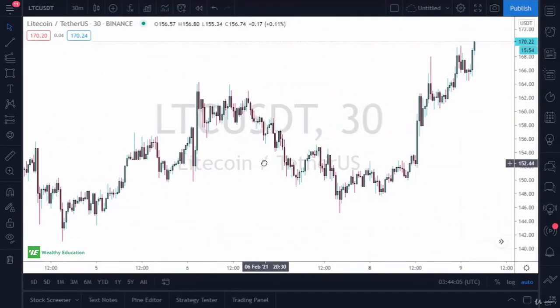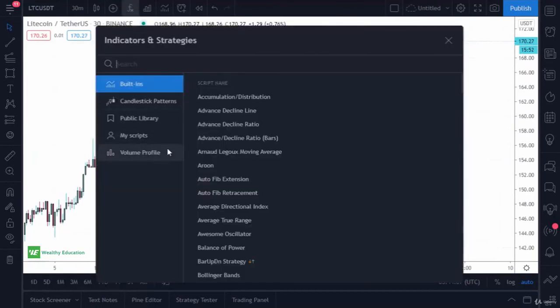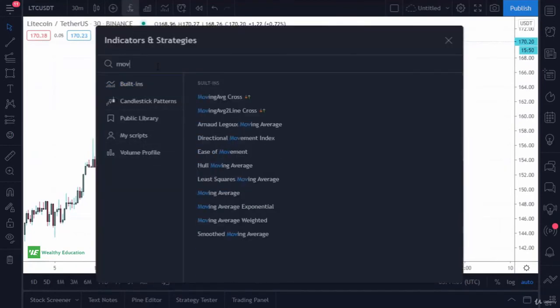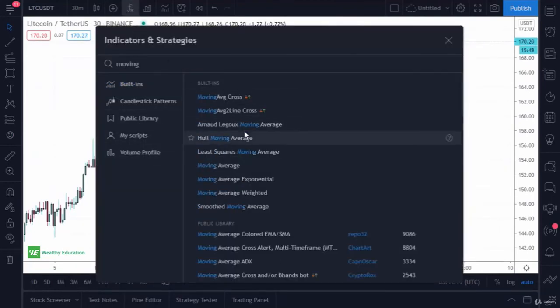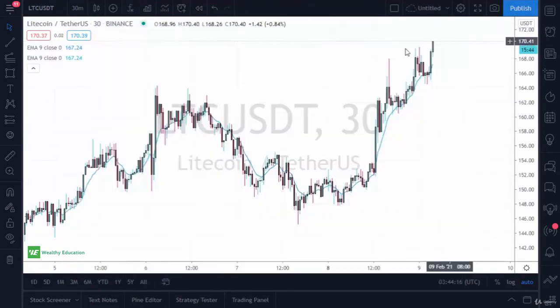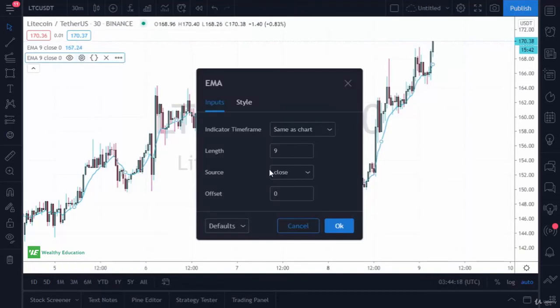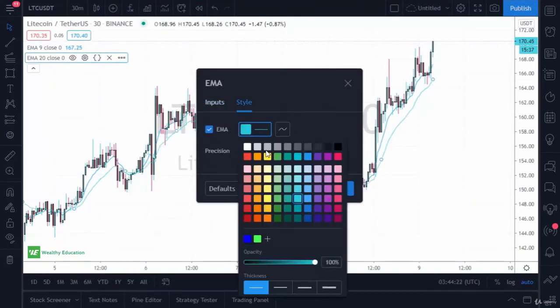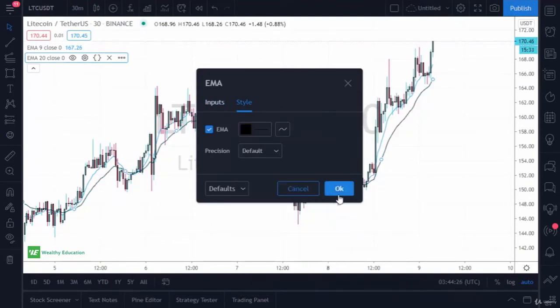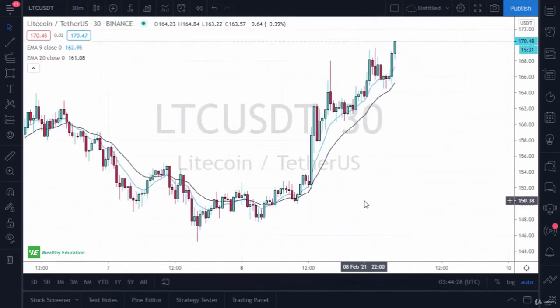And now that we're on the 30-minute chart, let's change the moving average, and let's do exponential. And we'll do the 9 and the 20. Okay, so we could go to the crossover system if you want, right there.